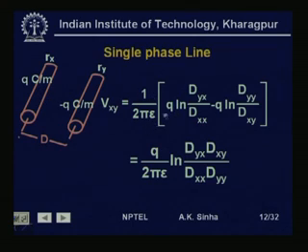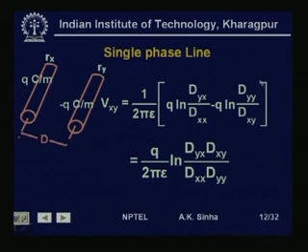And the voltage between these two conductors, that is V x to V y, Vxy, will be equal to minus 1 by twice pi epsilon minus q ln dyy by dxy.